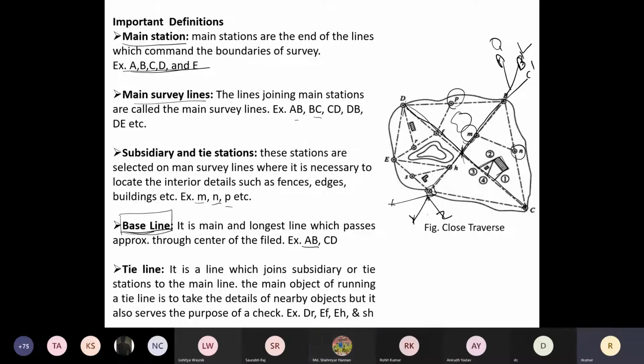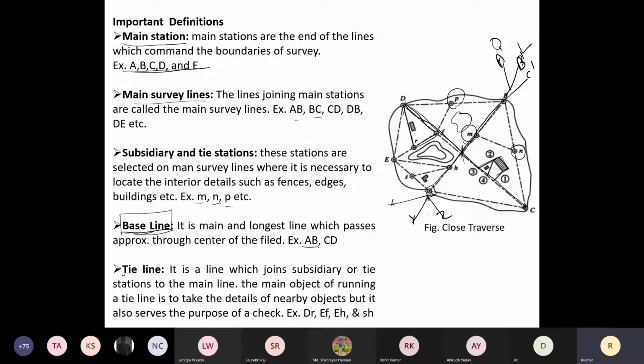Yes, sir. Because everywhere you make small triangles, your baseline will be there every time. If you see this triangle again, you will use the baseline. It is the longest line, which passes approximately through the center of the field.